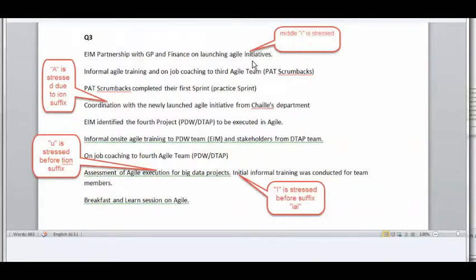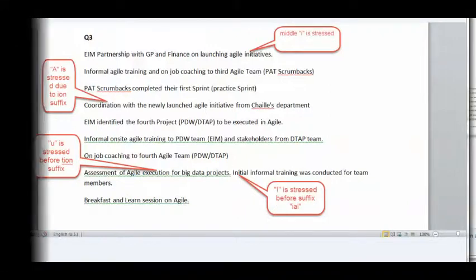Here, the middle I, initiative. Here, the A is stressed before the suffix. Coordination. Here, the U, again before the suffix, is stressed. Execution. Here with initial, it is stressed because of the suffix IAL. Initial. Thank you very much.